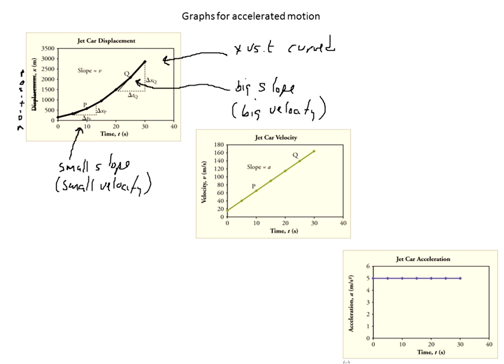So where there is a small slope, that represents a small number on the velocity versus time graph.